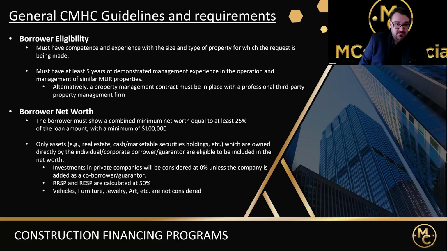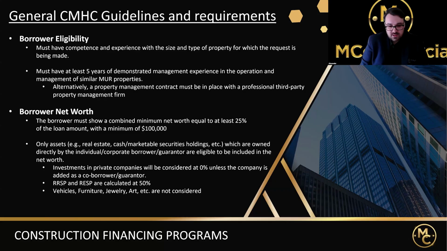Which means that investments held in privately owned companies will be considered at 0%. What this means specifically, because it's not very clear: a borrower structure that we see very often, a very popular one, you'll have your holding company, and for every project, you'll create another company for that project specifically.